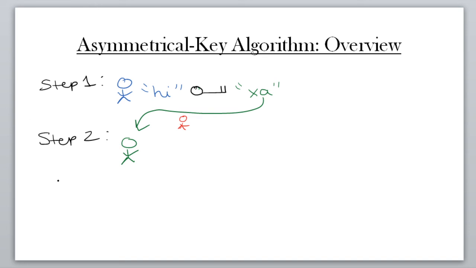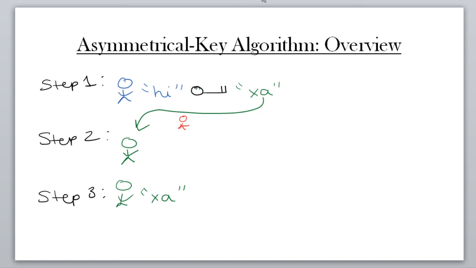Next, step 3, when her friend receives the ciphertext message, over here again, so they receive XA, she just now needs to decrypt it in order to understand it.